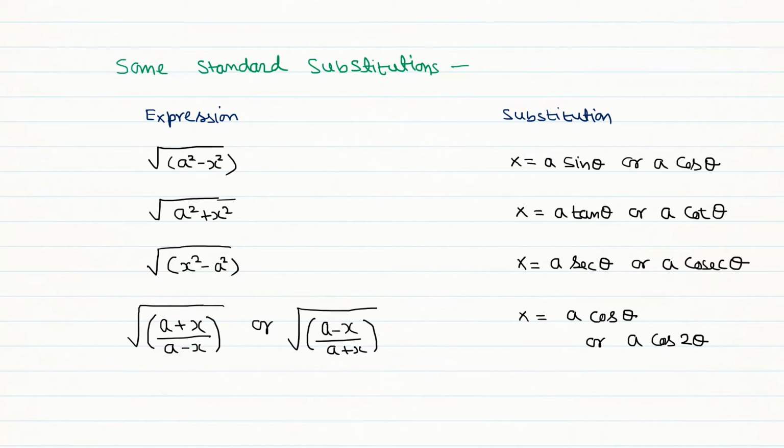Similarly, if it is a square plus x square, try to substitute a tan theta or a cot theta. If it is x square minus a square, then probably a sec theta or a cosec theta will help. Similarly, if we have an expression like a plus x upon a minus x or a minus x upon a plus x, we should try a cos theta or a cos 2 theta to solve the questions. These are some hints, and they make the question really easy.